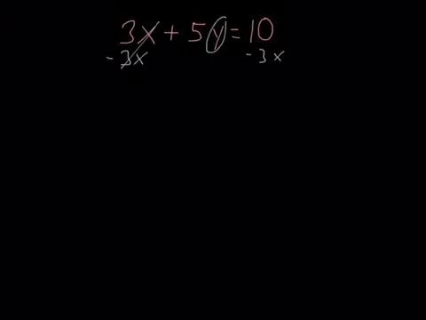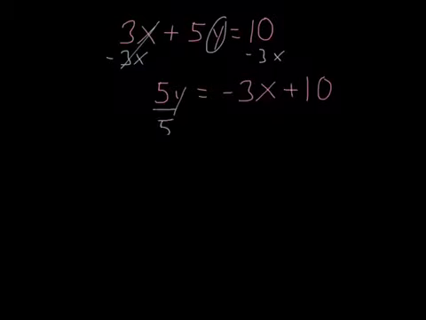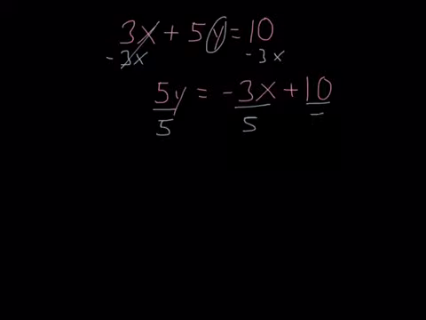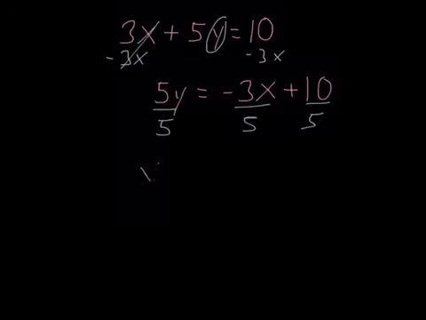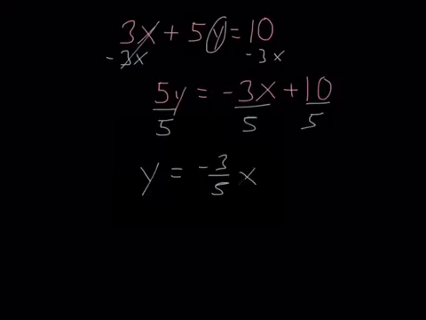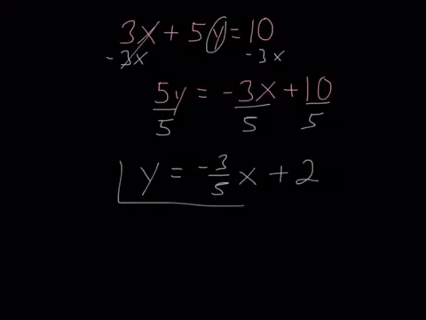And that leaves us with positive 5y equals 10 minus 3x, or we could write that as negative 3x plus 10. We usually like to have the x first in slope-intercept form. And then we can divide through every term by 5. So in slope-intercept form, our equation is y equals negative 3/5 x plus 10 divided by 5 is 2. We're now in slope-intercept form, and we can use this to graph.